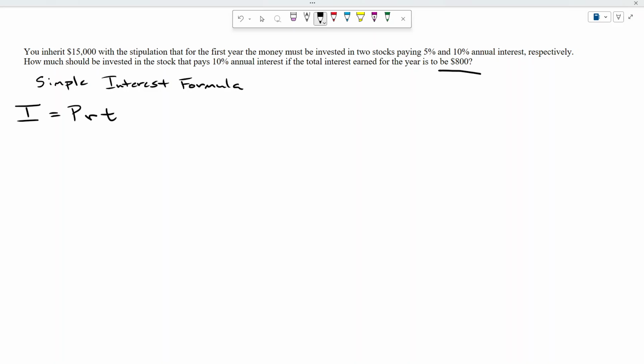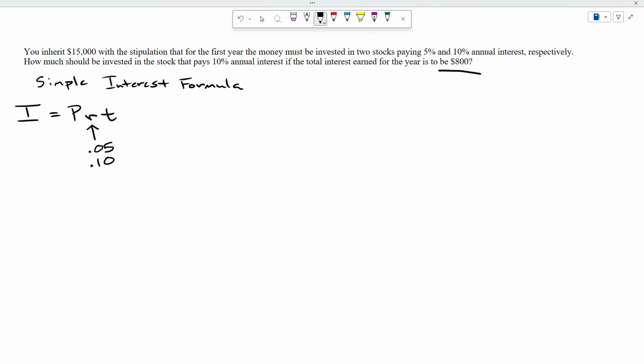So we're going to need to know that for this problem. And of note, don't forget that in this case we have 5% and 10%, whenever you're plugging in for rate, you need to make sure that rate is always in decimal form. So just something to keep in mind.